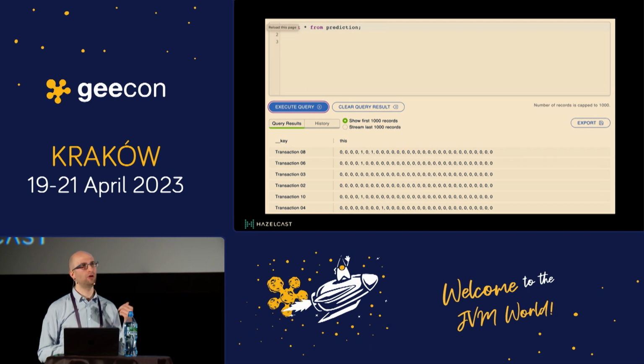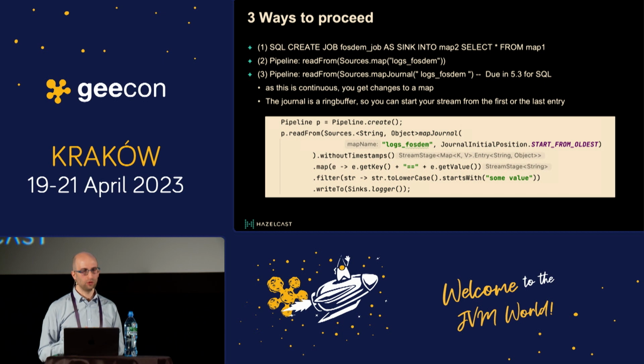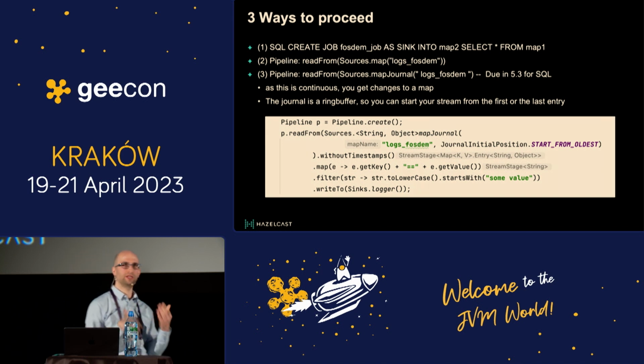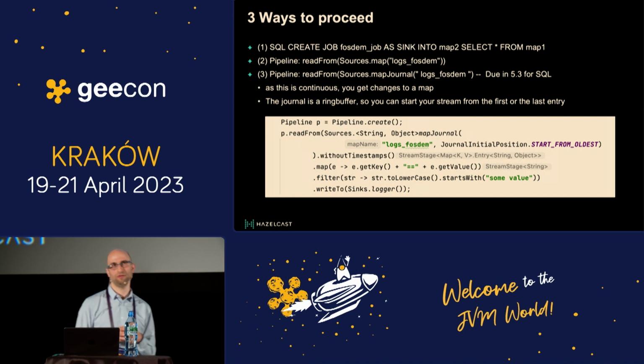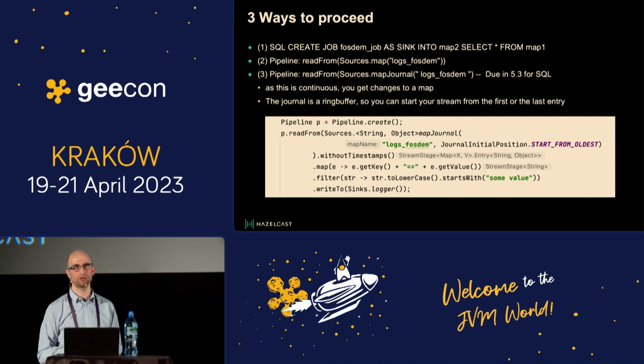Now, from this point, there are 3 ways to proceed, right? So you can use the SQL. You can say, for example, I want to create a job. So this is the actual process to read from a map and then sync it to a different map, or read from, again, different maps. So you define your source. The first 2 options are batch mode, which means not real time.